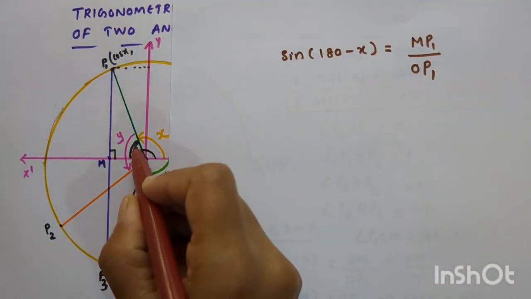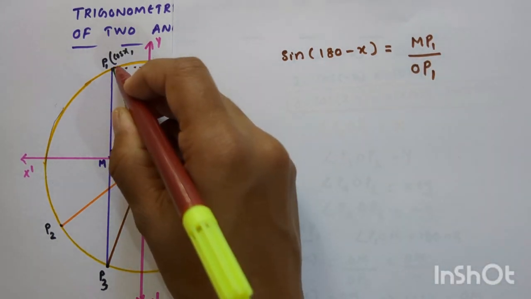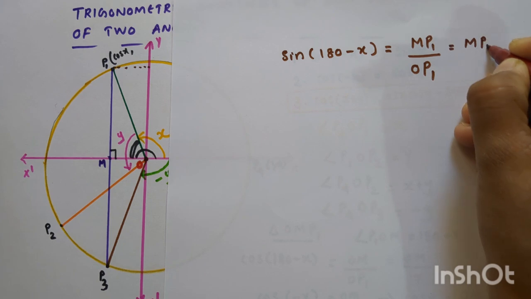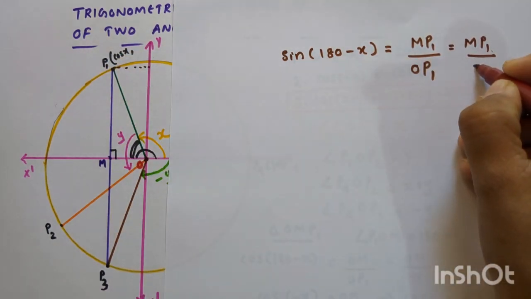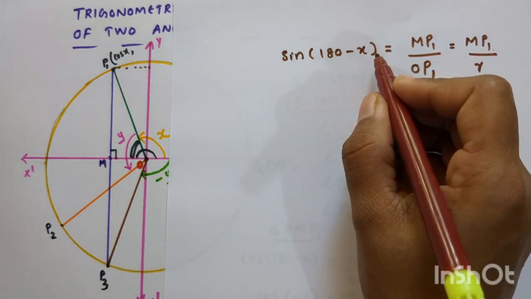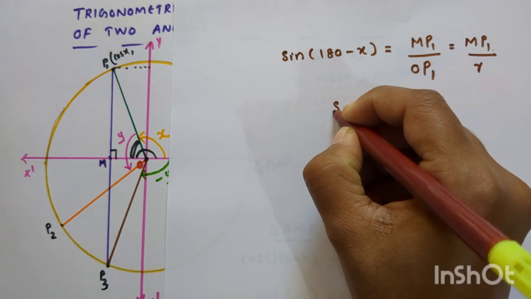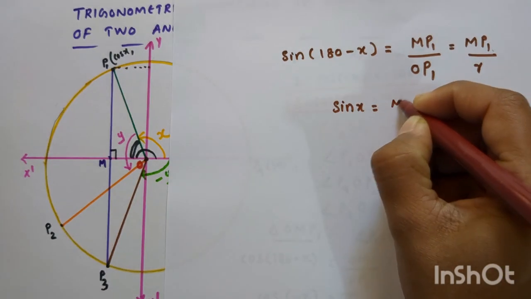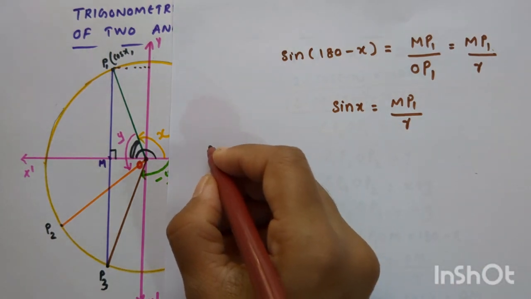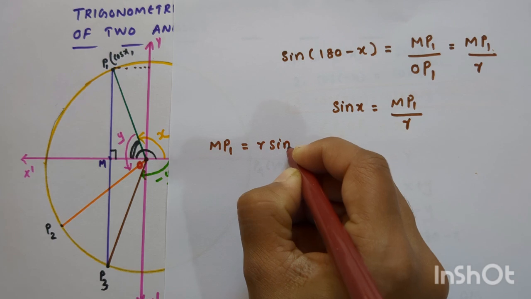So sine of 180 minus x is equal to the opposite side MP1 divided by the hypotenuse OP1, which is the radius R. Sine of 180 minus x is equal to sine x. So we can write sine x is equal to MP1 divided by R. From this, MP1 is equal to R into sine x.